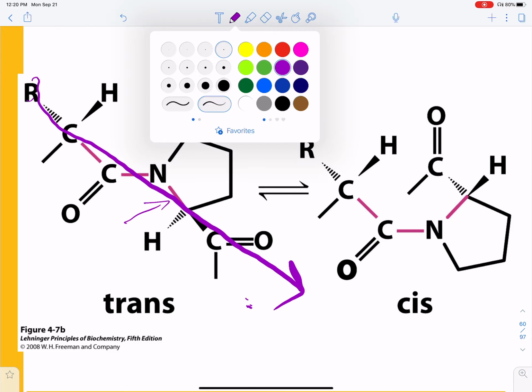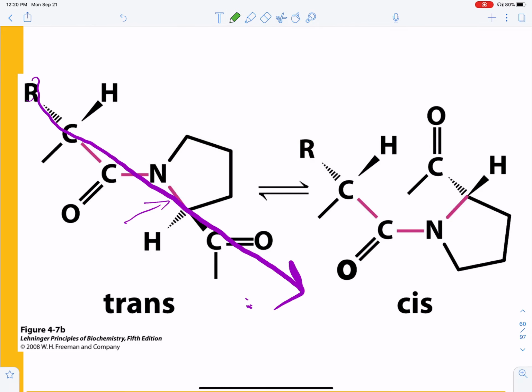However, in cis, you're coming in, and because you have this in cis, it causes this turn that then kind of goes in that direction.